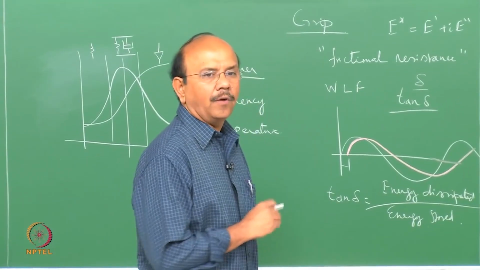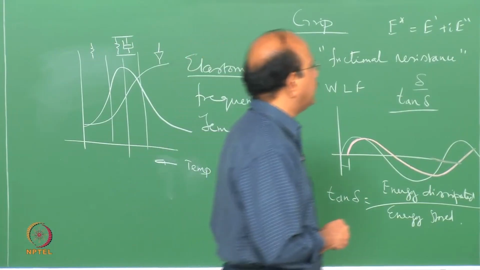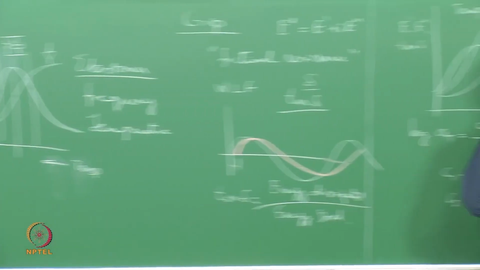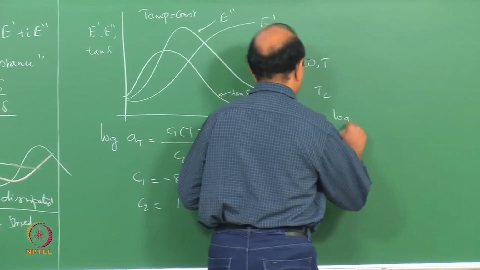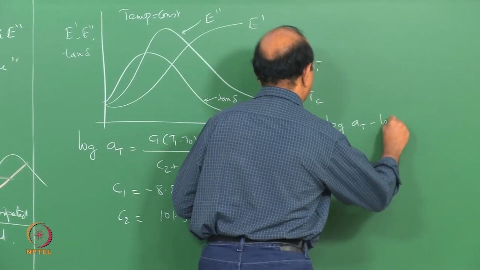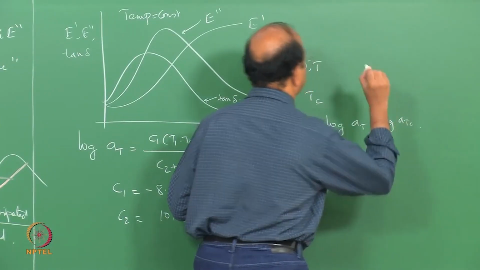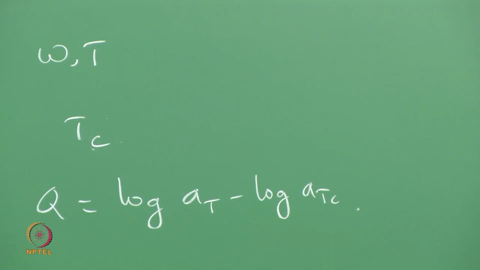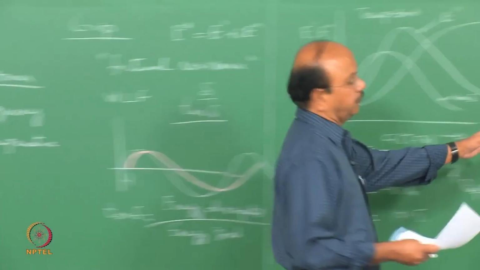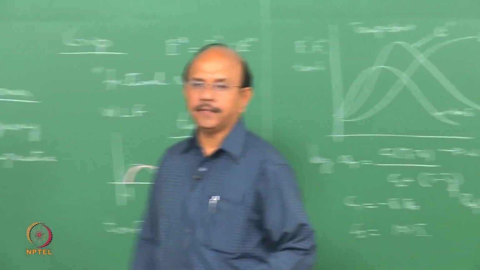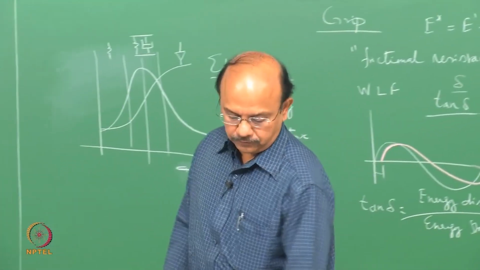Then what I have to do is find out the shift, let me call that Q, which is log of AT minus log of ATC, and shift the frequency by that many decades, since this is given in log.